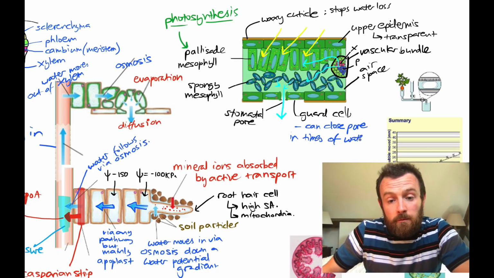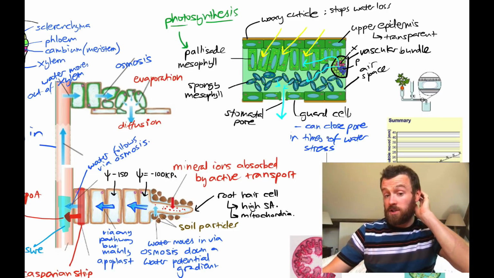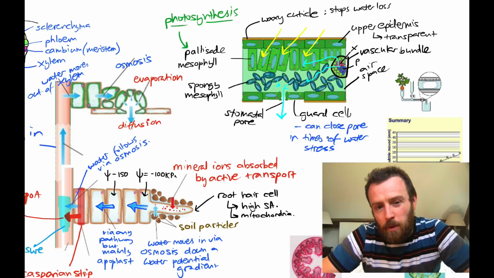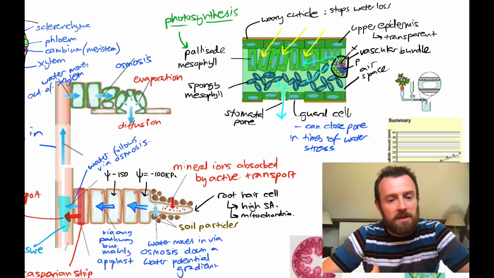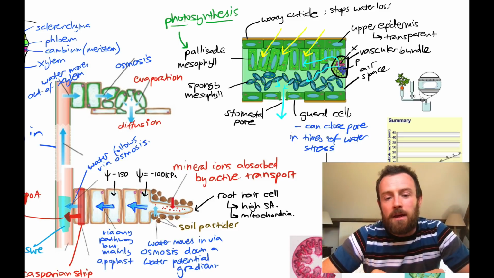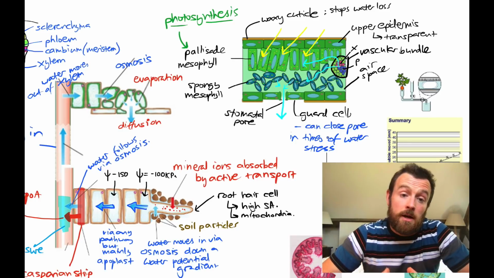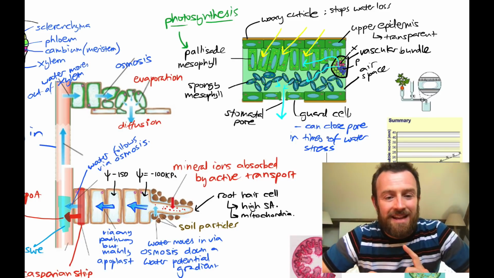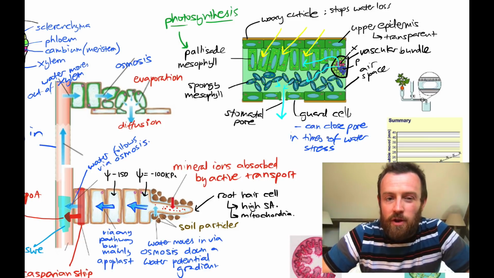Okay, so if the plant senses that it is running out of water, then the stomata will close. And if the plant senses it's got enough water and it wants to be photosynthesizing, there are also mechanisms that mean that when the plant starts photosynthesizing, it rapidly sends a message to the guard cells to open the pore. We'll investigate that a little bit more in year 13.